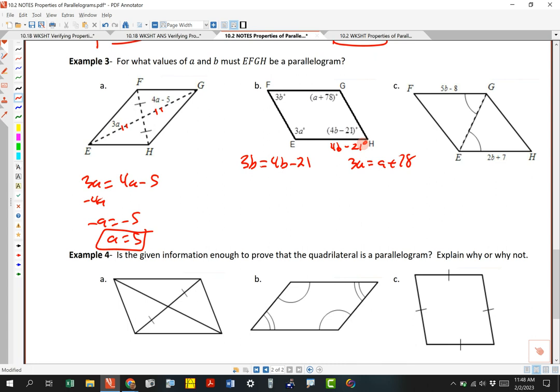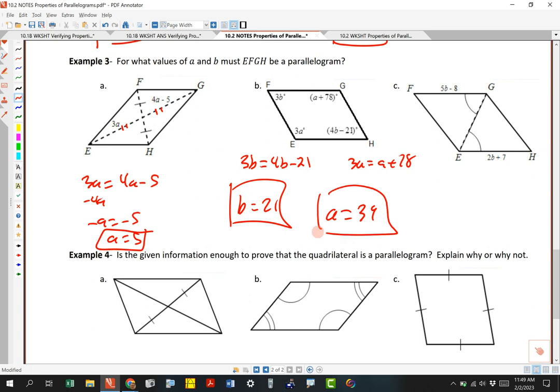So it's the whole quantity that represents the measure of the angle. I see. Pretty good? Yes. b equals 21. And a would equal, that would be a 2a, 39.